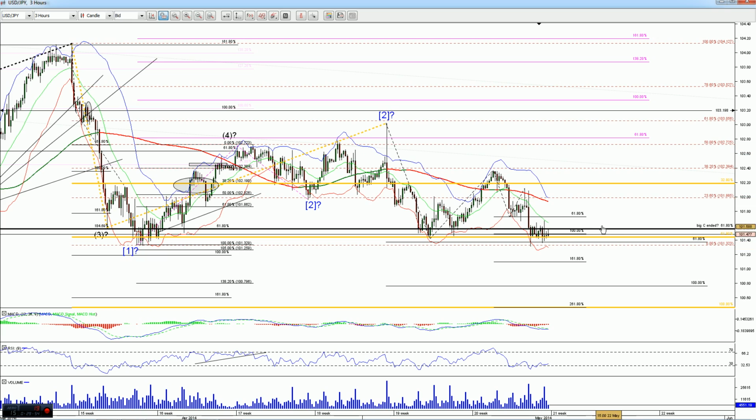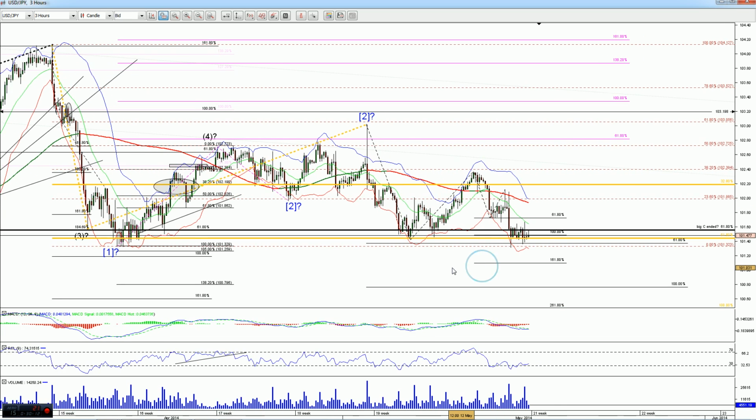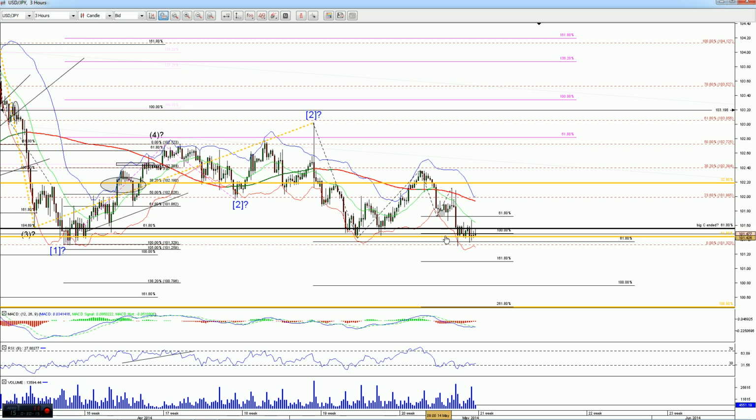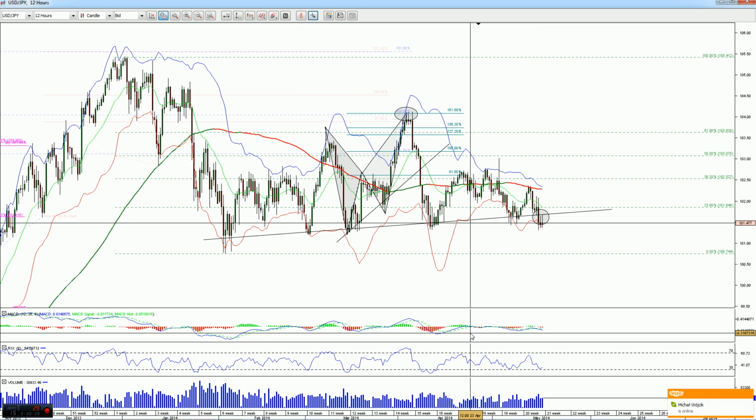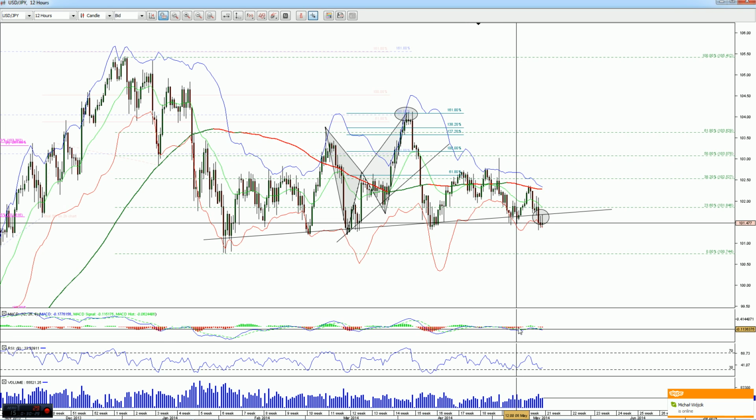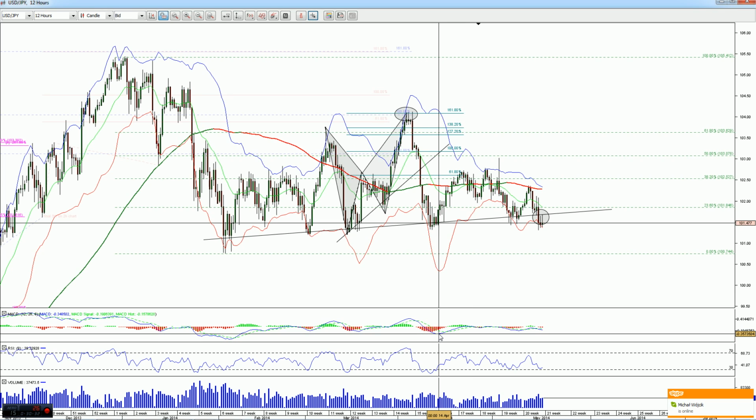If this is completed and confirmed, then we should have a corrective structure, the second wave, and then a third wave to the downside. Okay, now this is okay. There are more reactions here. The market is respecting this level, especially since it had the low here, and a second low here, so it may try a third time to break through that. If I check the MACD lines, I had a low here, and this area was not able to break below that low.